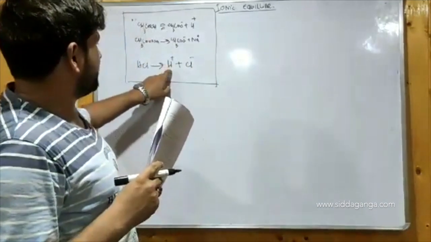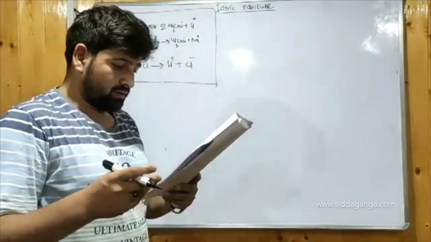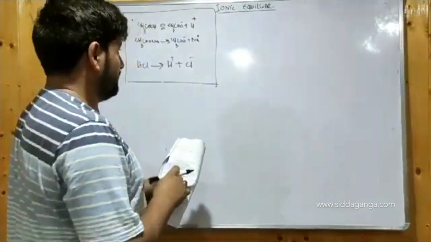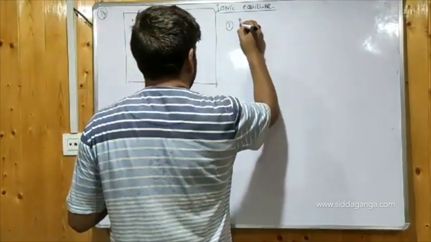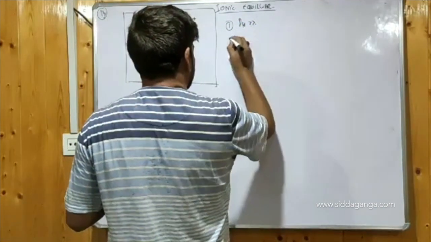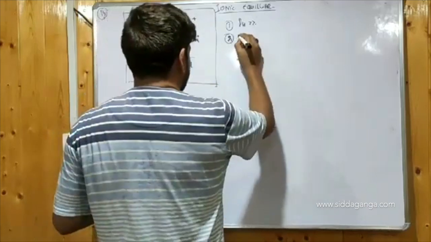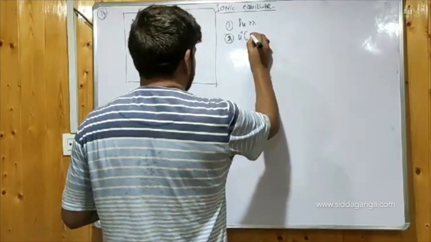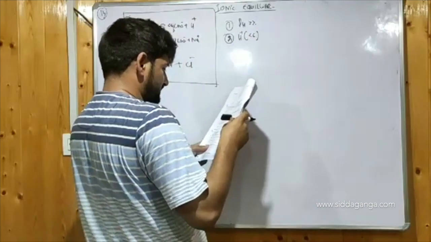So when a small amount of HCl is added to this buffer solution, what happens? Option number one, pH increases. Option 2, H plus decreases. H plus ion concentration is decreasing. That means pH is increasing.